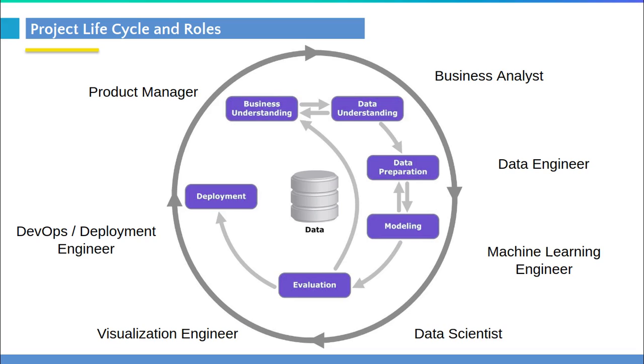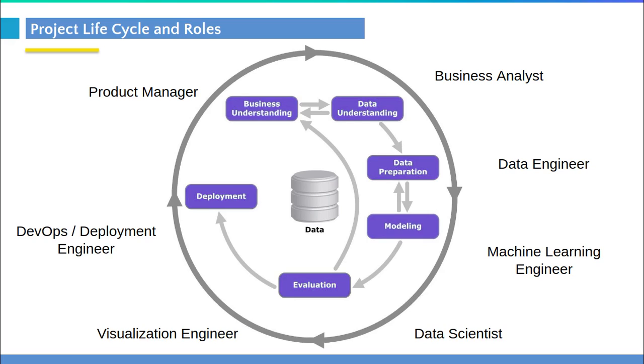Visualization engineer is another role you may see in some organizations, where we want to evaluate with the help of reports and dashboards, which is where we can represent this to the businesses. Once everything is good, DevOps comes into the picture, and the deployment strategy is finalized along with the data scientist, the product manager, and the DevOps engineer.